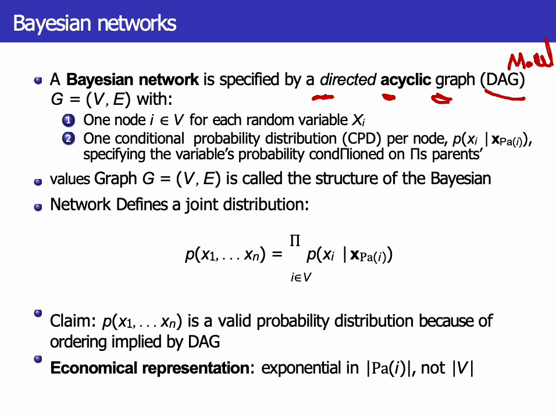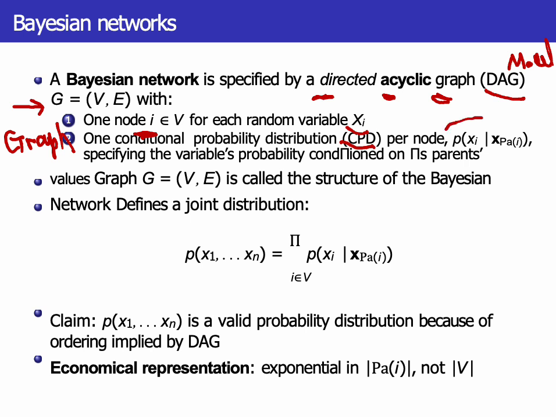So you have a graph model. Each node belongs to V for each random variable xi. And we assume a conditional probability distribution, a CPD, per node.